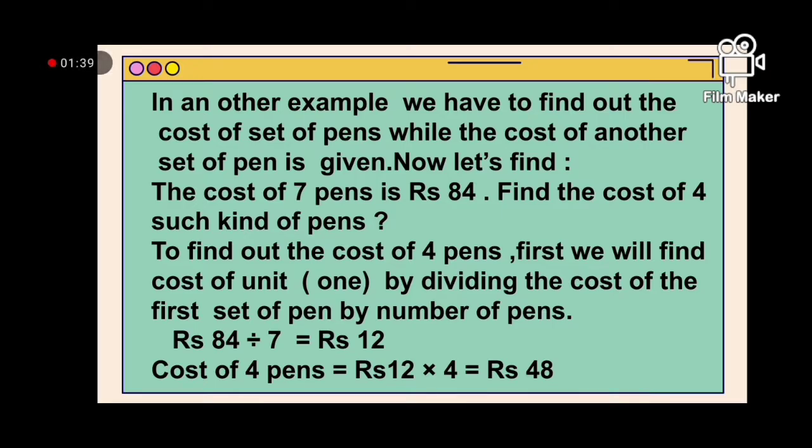Then the cost of a unit pen is multiplied by the number of the second set of pens, that is 4, to find out the cost of 4 pens. So 12, the cost of 1 pen, multiplied by 4 is equal to rupees 48. This problem is solved by the unitary method.